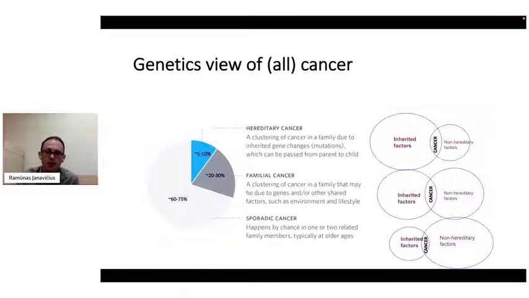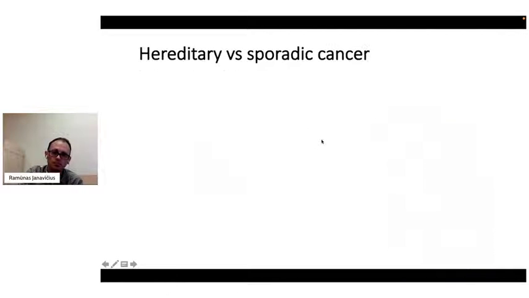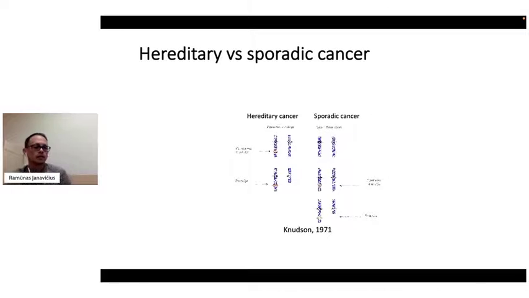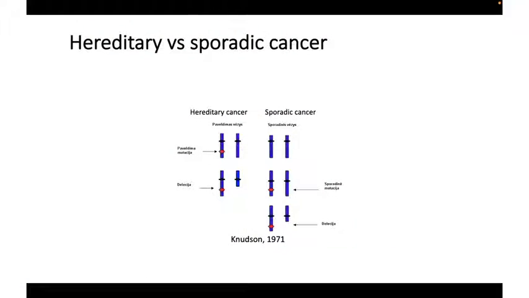area till now. So the next part of my talk mostly concerns the hereditary cancer field, and it is crucially important to distinguish hereditary and sporadic cancer at the molecular level. And here is quite a simple representation from the Swedish scientist Knudson in the early 80s, which shows the main difference between these two types.